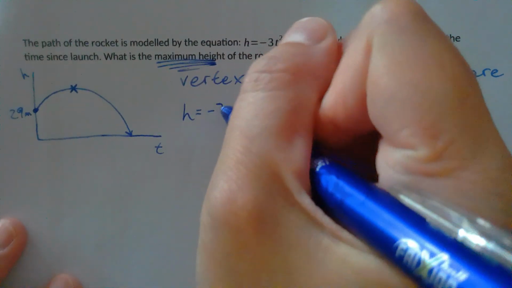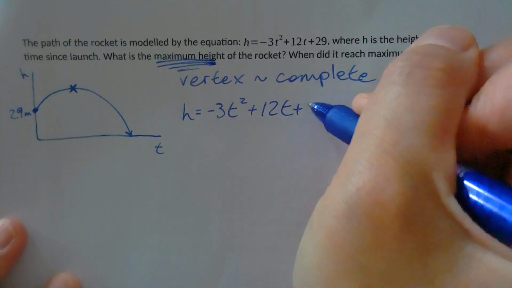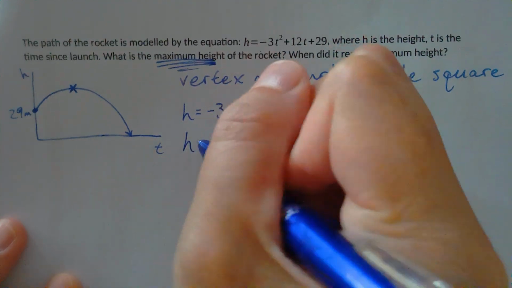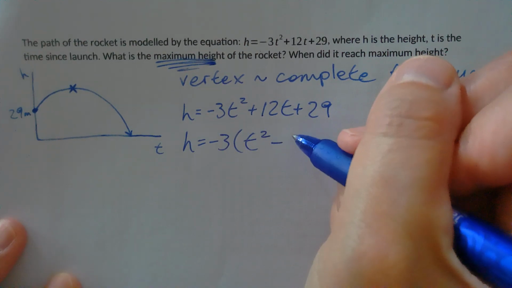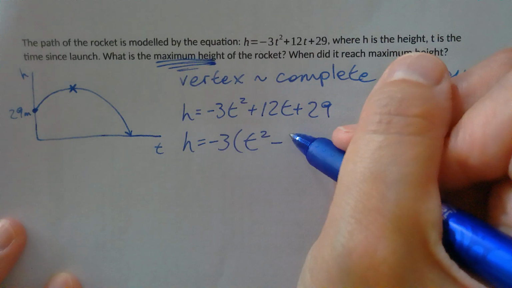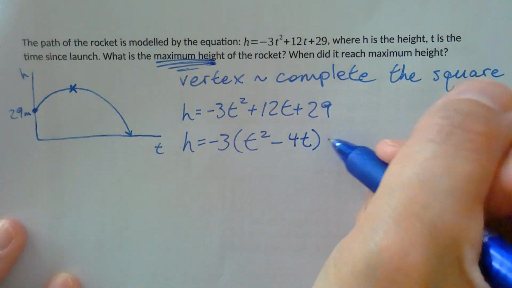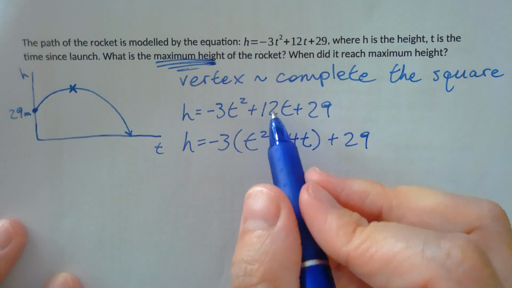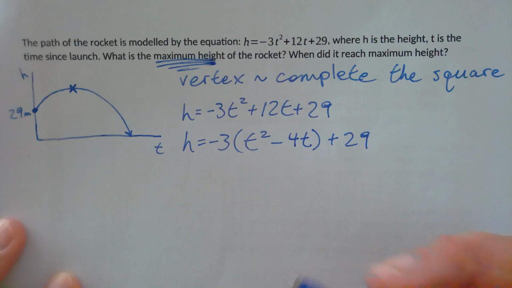Okay, so Gavin, since you did this question, lead me through what to do. Go ahead. Plus 12, you divide 12 by negative 3, you get negative 4.